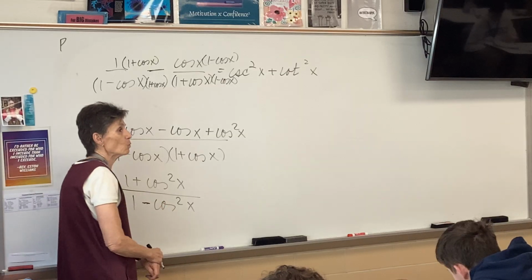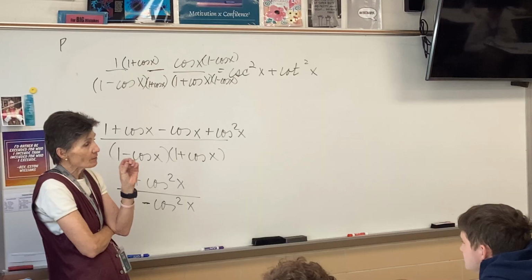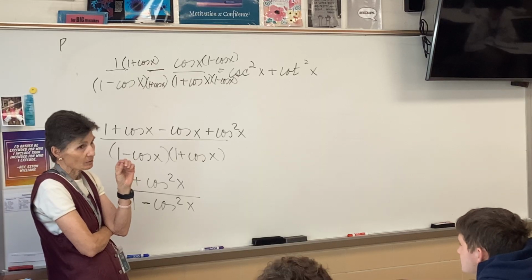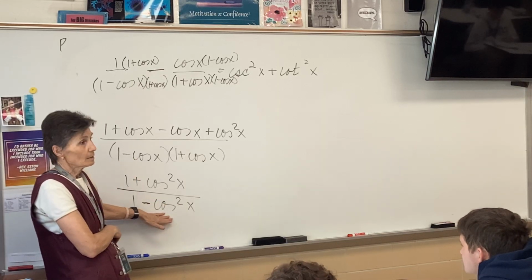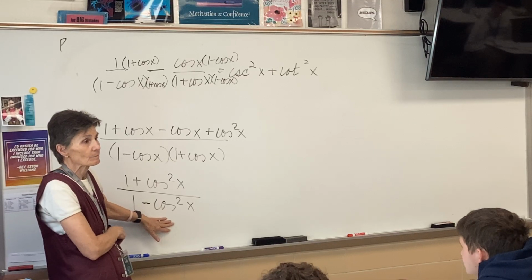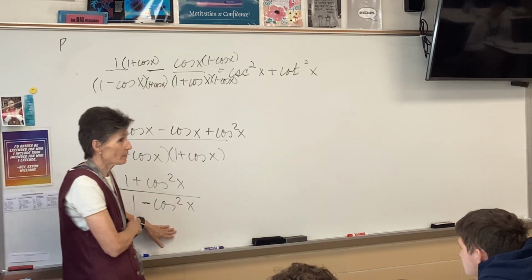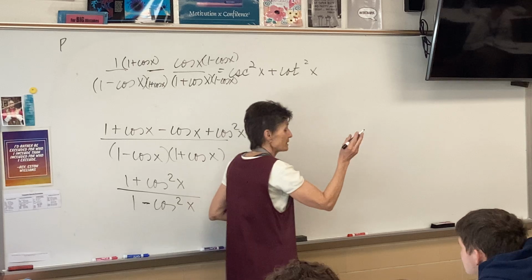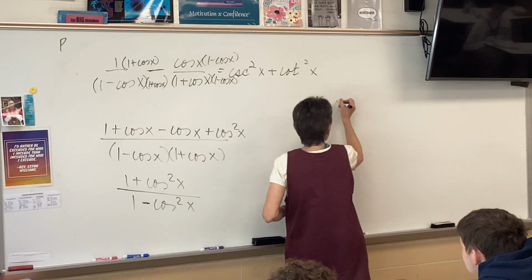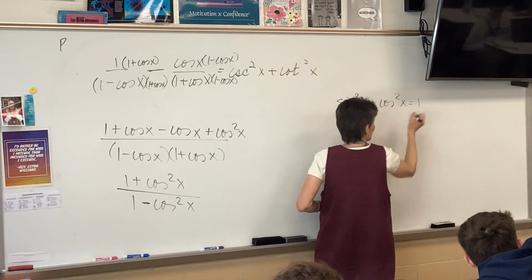Now this is where your knowledge of the identities is critical. What is 1 minus cosine squared? 1 minus cosine squared is sine squared. Guys, I'm not going to write this down again. We know that sine squared plus cosine squared is 1.